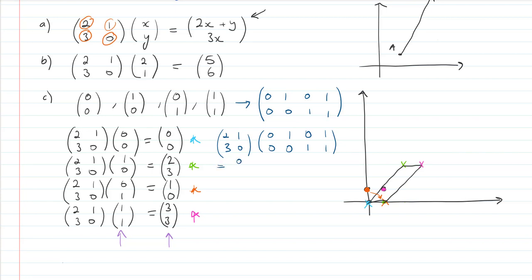This is equal to 0, 0, then 2, 3, then 1, 0, then 3, 3. And you can see each coordinate there, 1, 2, 3, 4. In terms of colors, that's that one, this is this one, this is this one, and this is our pink one here. So you get the same result, but it does save us a bit of time, which is always nice.